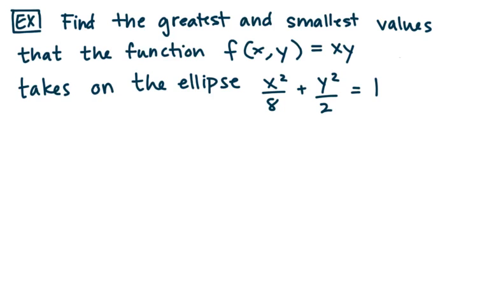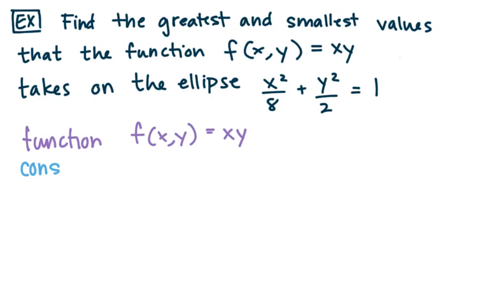So we have our function. The function is f of xy equals that product xy. And my constraint is that we have to be on the ellipse when we're satisfying this max and min for the function.